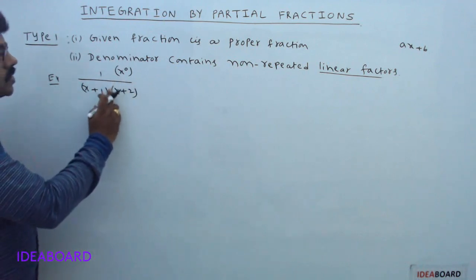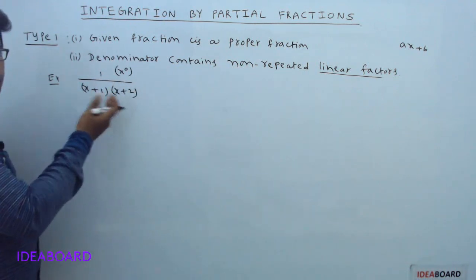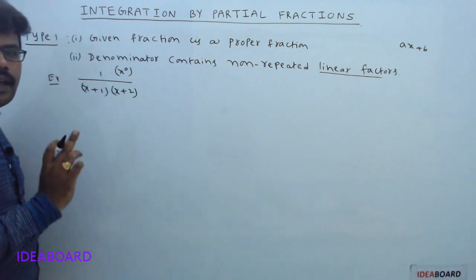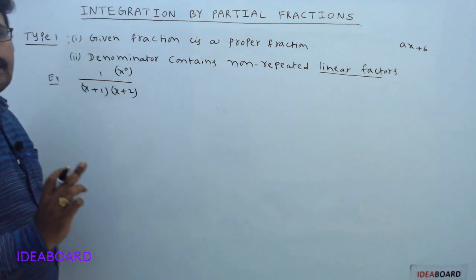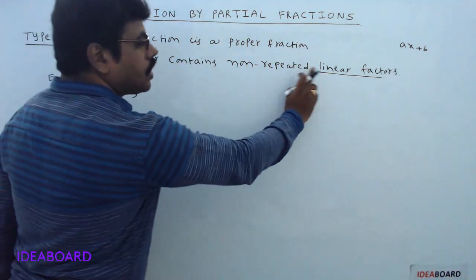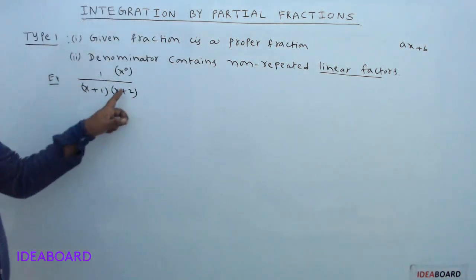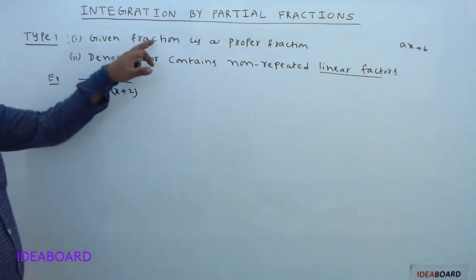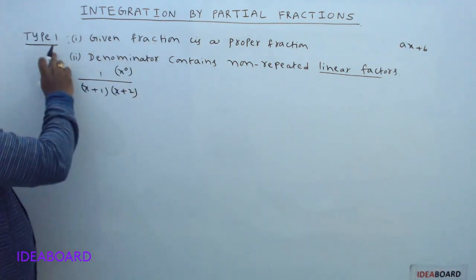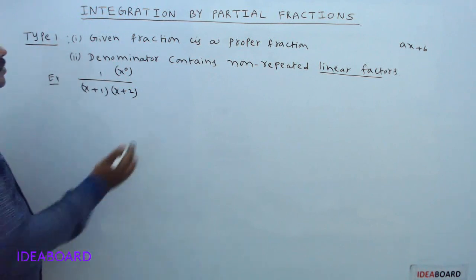Now here, x plus 2 is a linear factor. Is it repeated anywhere in the denominator? No. So x plus 2 is called a non-repeated linear factor. So denominator contains non-repeated linear factors. Now, this fraction satisfies these two conditions. So this belongs to our type 1. Next, see one more example.